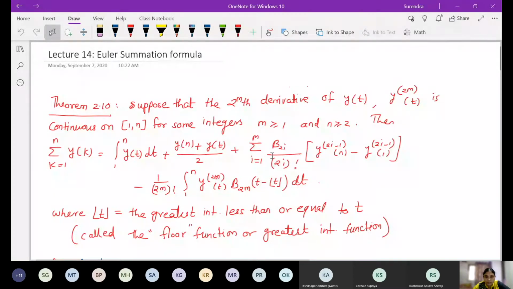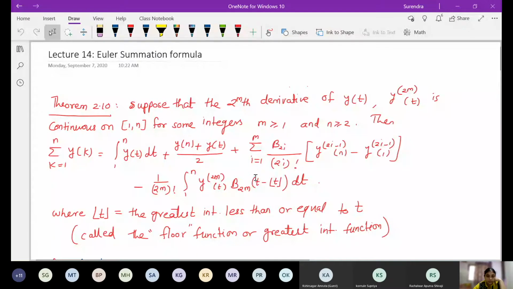This is the 2ith Bernoulli number. Capital B is for Bernoulli number. Okay, and into the bracket: the (2i minus 1)th derivative of y at n minus the (2i minus 1)th derivative of y at 1, minus 1 upon (2m) factorial, integration 1 to n of the 2mth derivative of y at t into B_2m(t minus floor of t) dt.